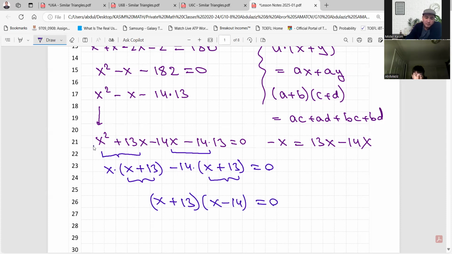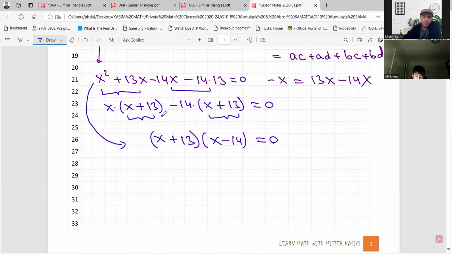But actually, I don't want to spend too much time on this because now we are learning geometry, not algebra. But if you have a hard time, I can teach you this, okay? Maybe 2-3 classes on how to solve quadratic equations. And now the product of two numbers is equal to 0. When it's equal to 0, either this should be equal to 0 or this should be equal to 0.